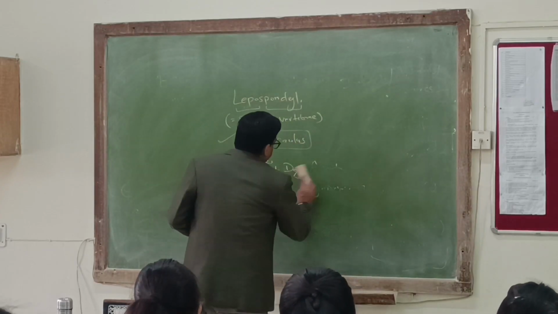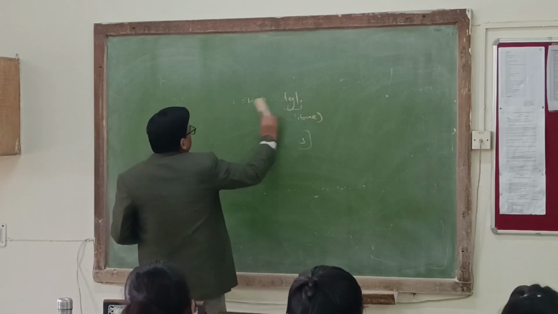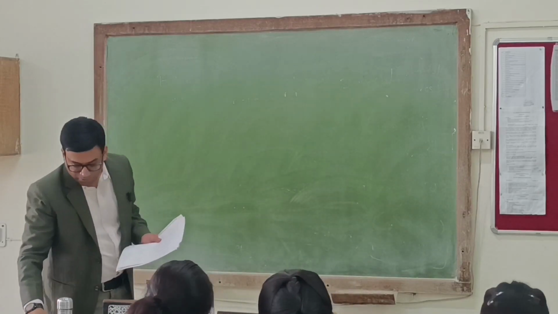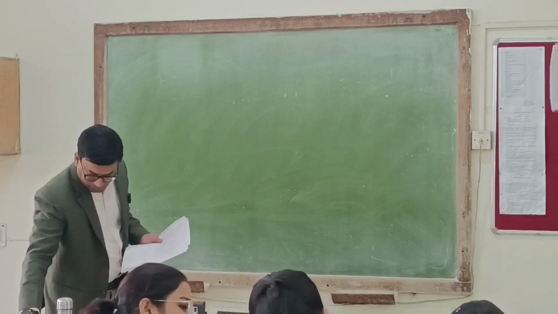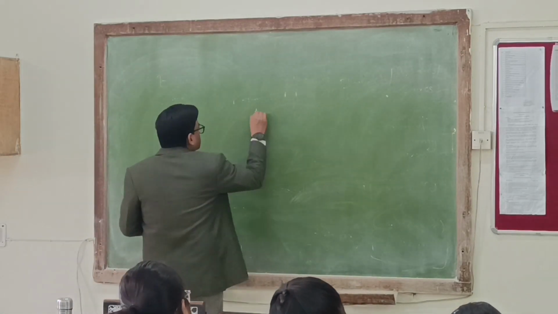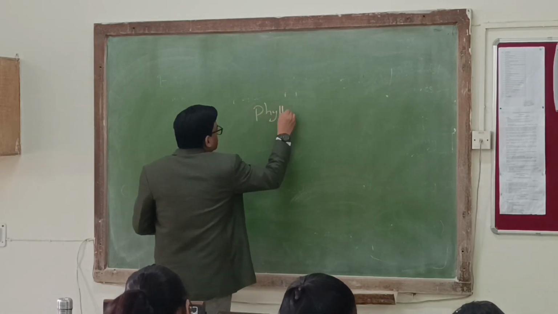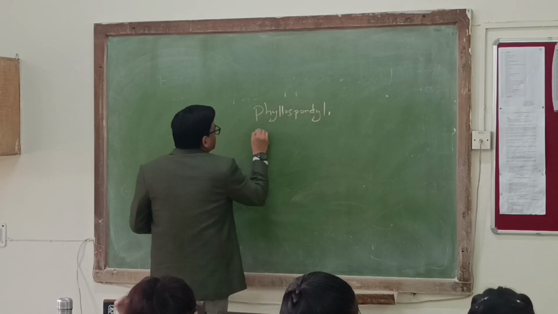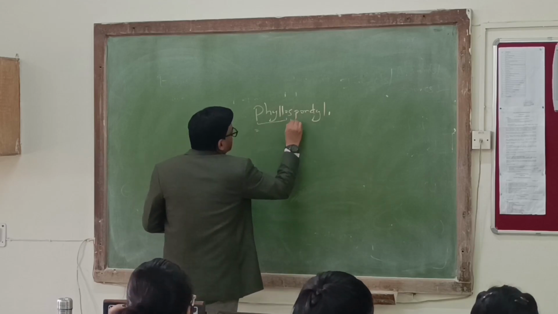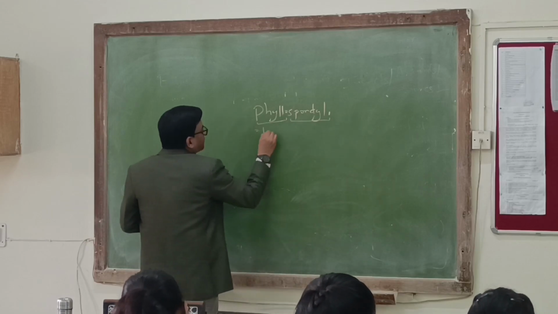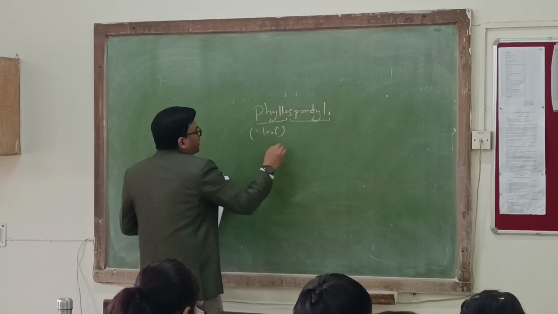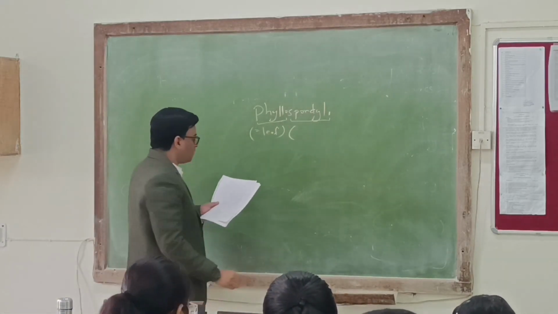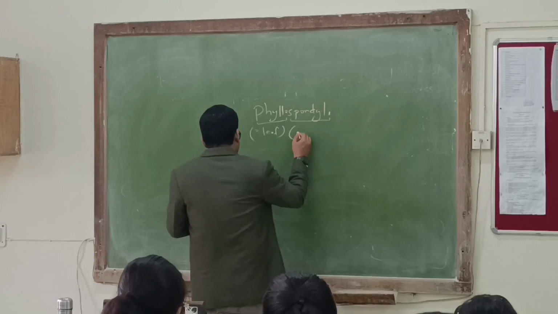Phyllospondyli. Write down Phyllospondyli. Phyllo means what? Leaf. Spondyli means what? Vertebrae. So leaf-like vertebrae. The ossification around the notochord is in the form of leaves.